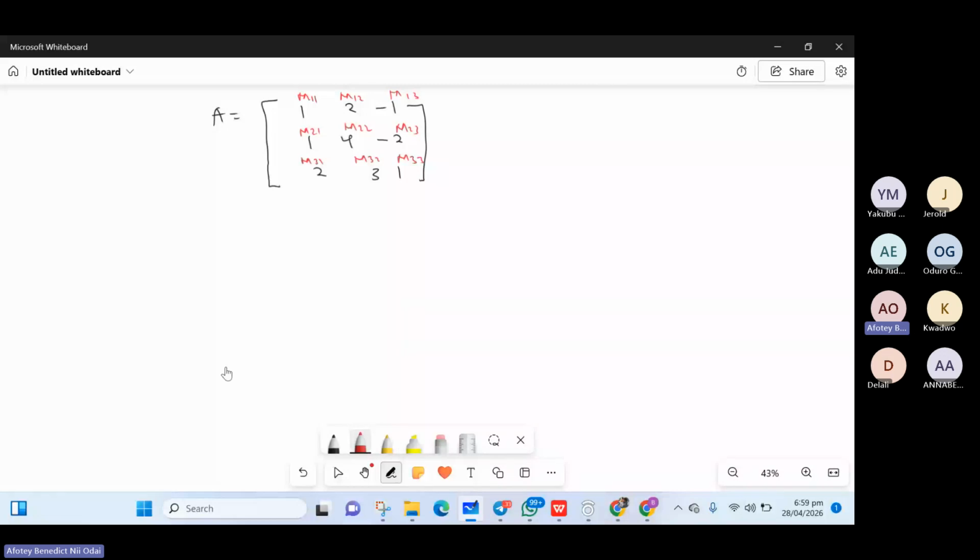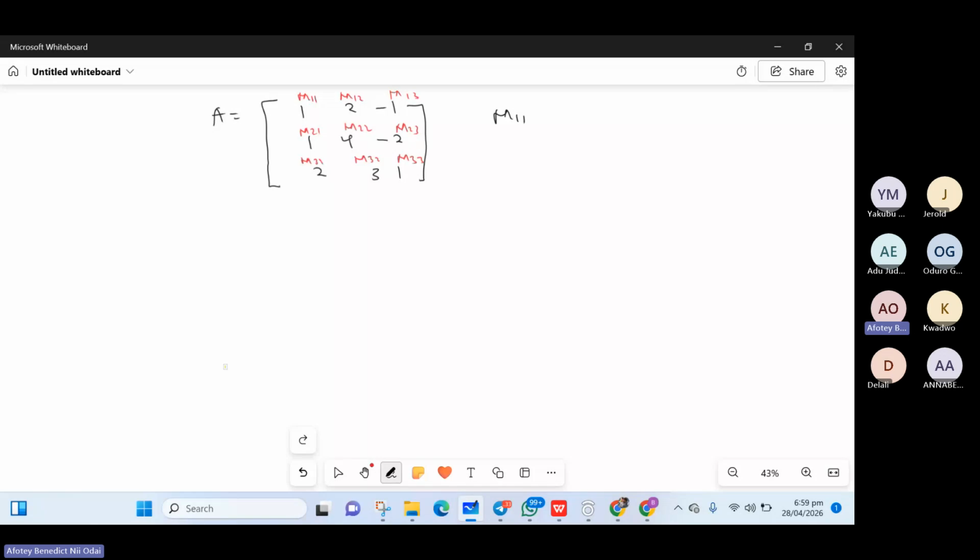Yes. So now the minor M11, how can we get it? We get it by crossing out this section. When you cross out this section, you are left with this internal matrix, right?